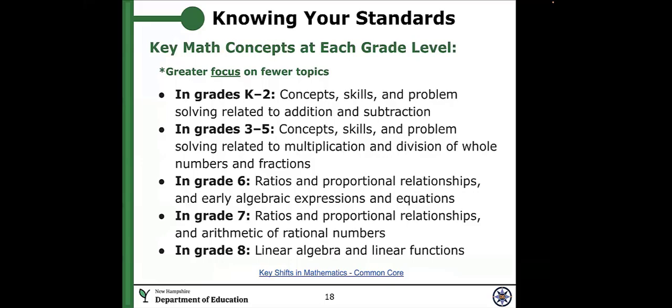For 3 to 5, it's multiplication and division of whole numbers and then fractions. Grade 6, we're looking at ratios and proportional relationships and algebraic expressions and equations in the earlier stages. Grade 7, same thing with ratios and proportional relationships, and we're looking at arithmetic of rational numbers. And then grade 8, linear algebra and linear functions.